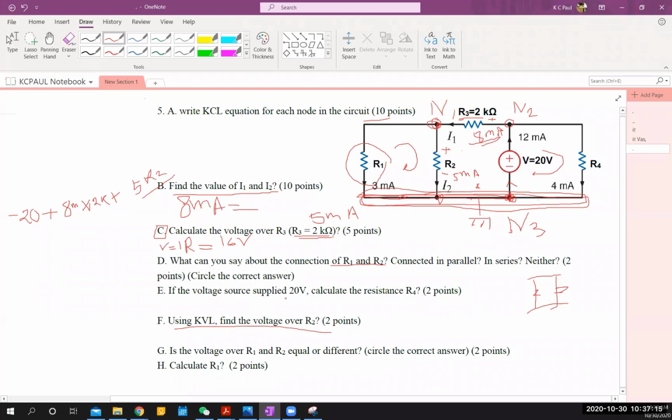Now, if the voltage source supplies 20 volts, calculate the resistance R4. The voltage source is given as 20 volts, and you have to find out the resistance R4. Now, tell me, this voltage source and R4, how are they connected? Any idea?